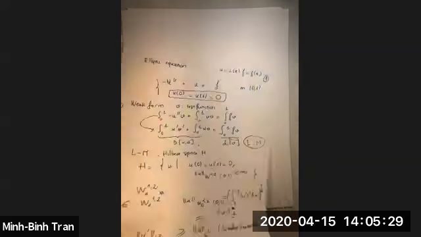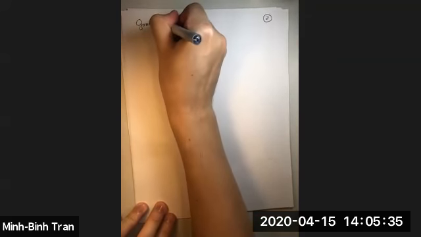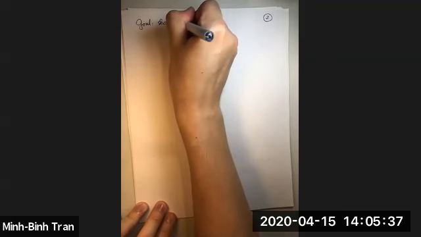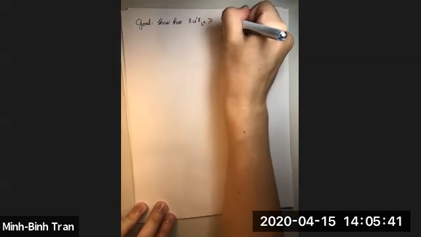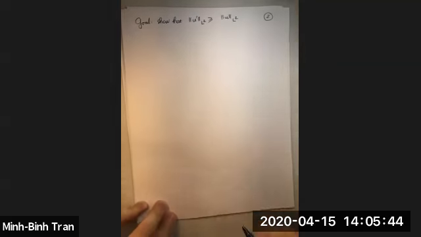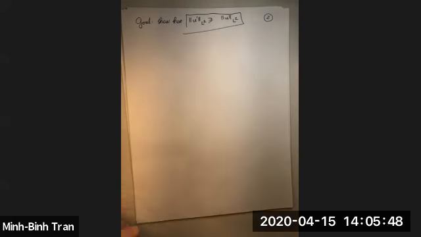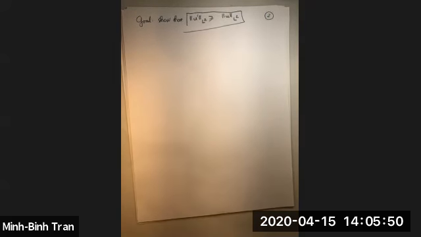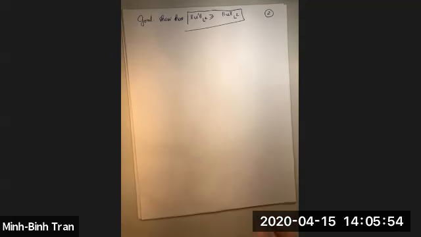So in the previous class, what we proved is the following. So the goal is to show that the L2 norm of u prime is going to be bigger than the L2 norm of u, right? So this is our goal. How do we show that?